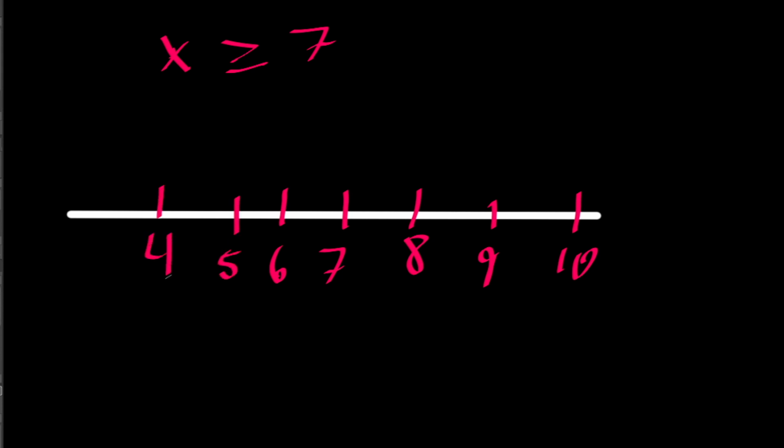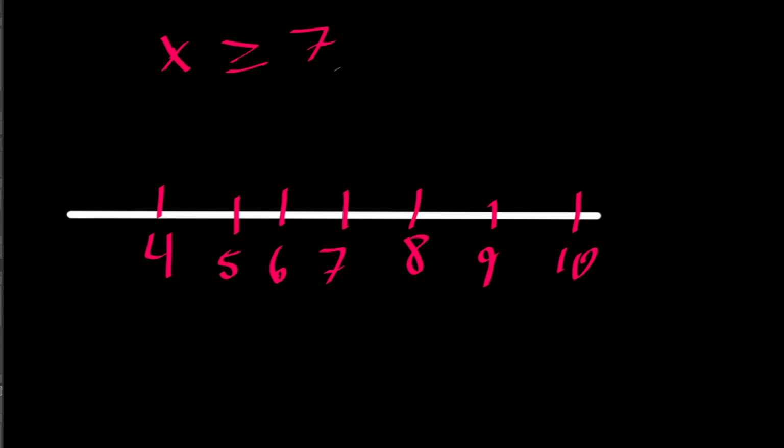It'll probably make it easier. So that's 7, which means to the right would be 8, 9, 10, and then to the left would be 6, 5, 4. Okay?